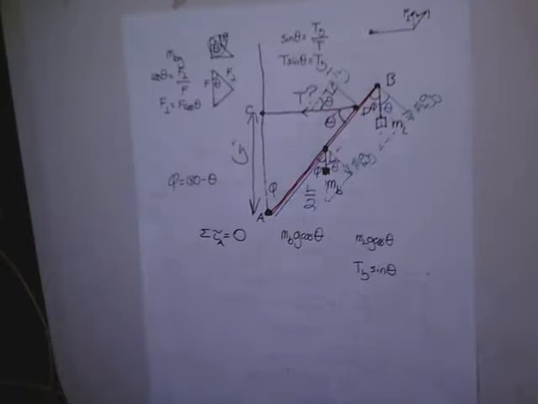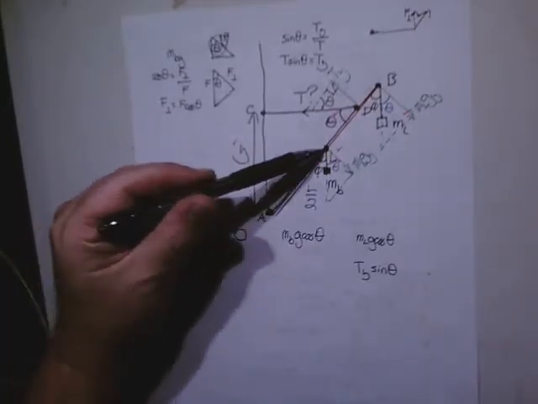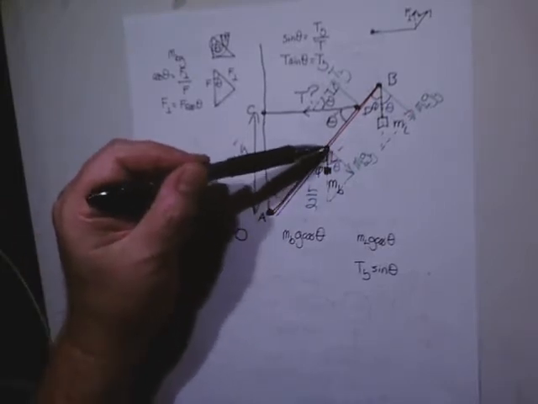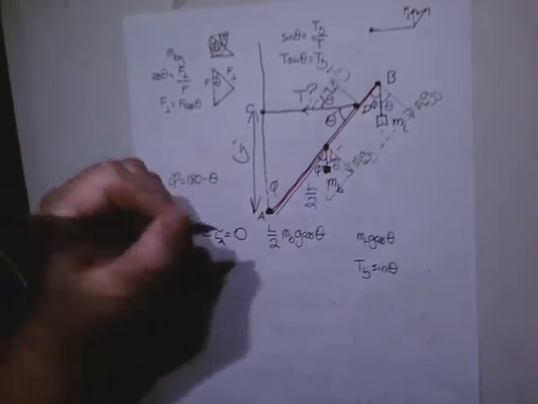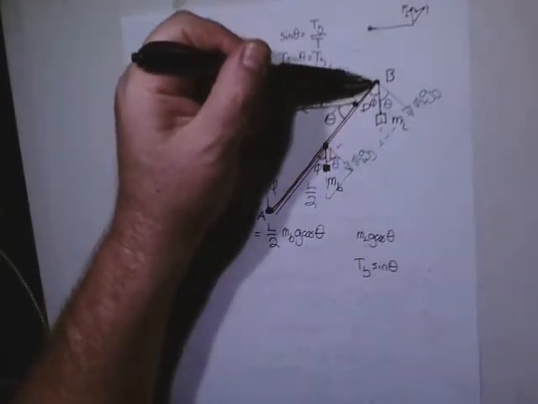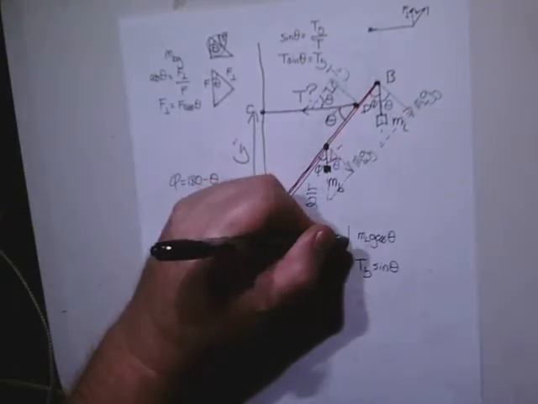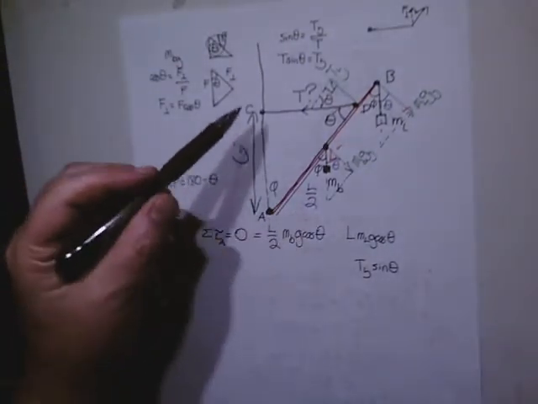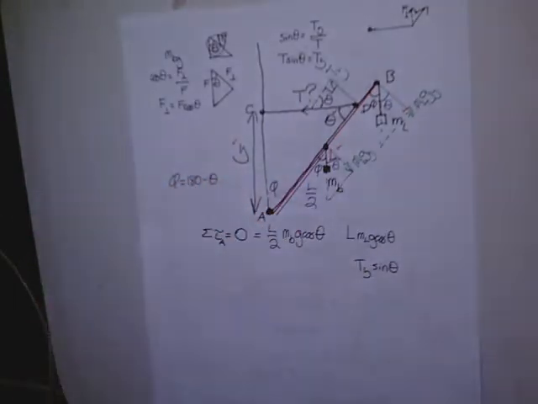Now it gets a little bit easier. For MBG, the mass of the bar, the distance from the pivot point to the force is L over 2. The distance from there to there for MLG is the distance of the full bar. Now, this distance for this guy is just a wee bit tricky.